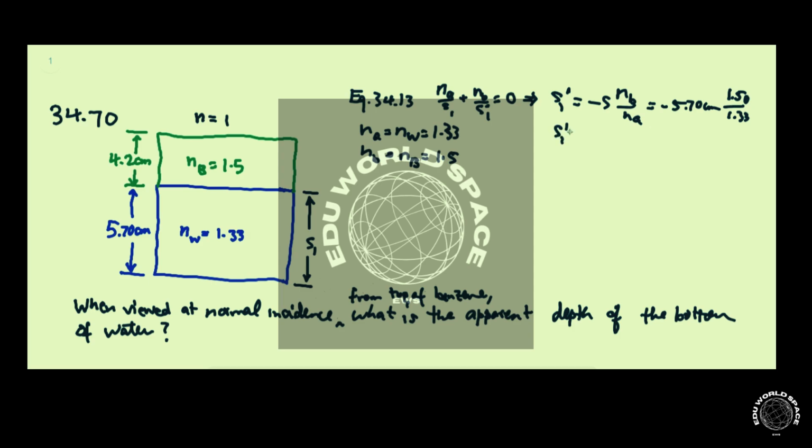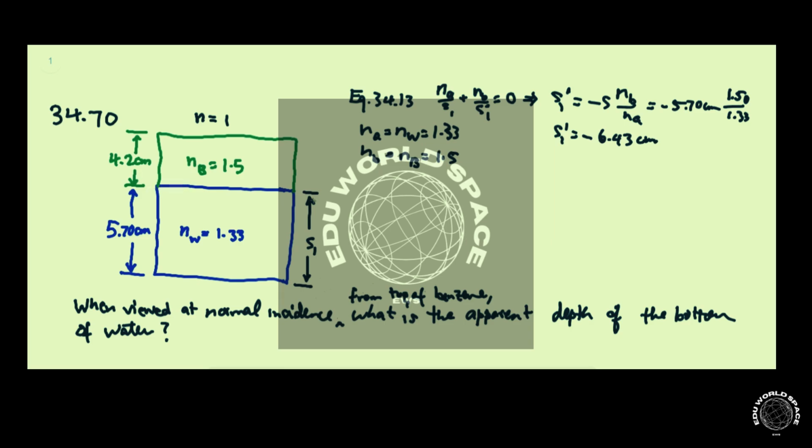So S1 prime is equal to minus 6.43 centimeters. Okay, so that's the apparent depth of the bottom of the water when viewed from the benzene-water interface, or when viewed from the bottom of the benzene layer.